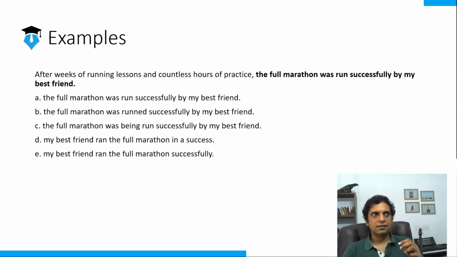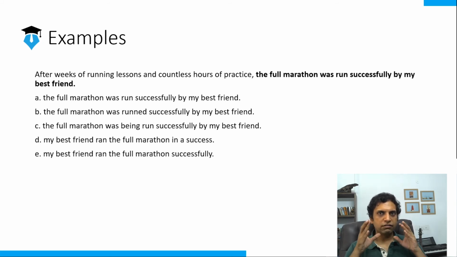Who has taken weeks of running lessons and countless hours of practice? Not the marathon. My best friend. Therefore, you need to anyhow move the subject of the modifier close to the modifier, and you want to convert it to active voice. So both problems in this sentence will be solved by which option?